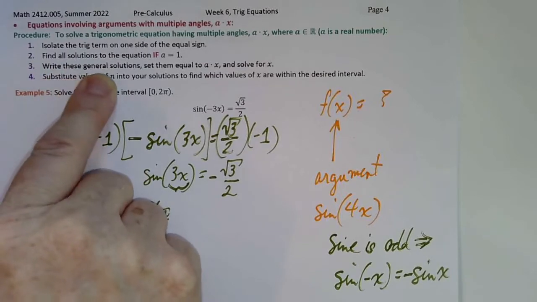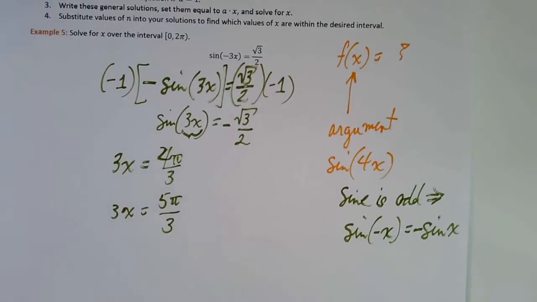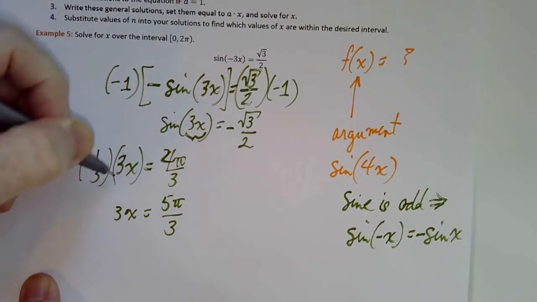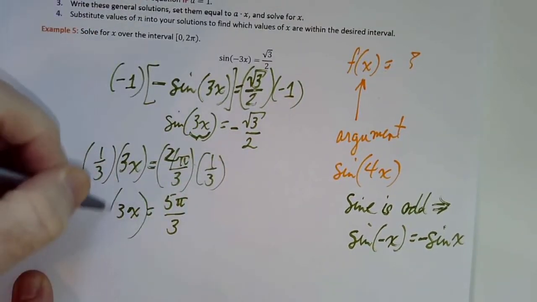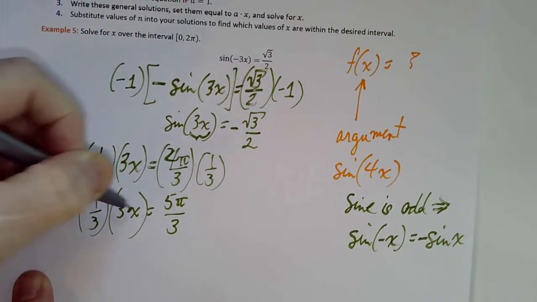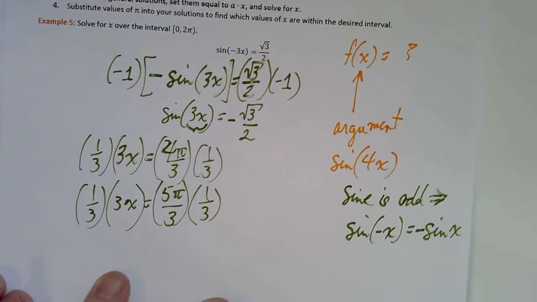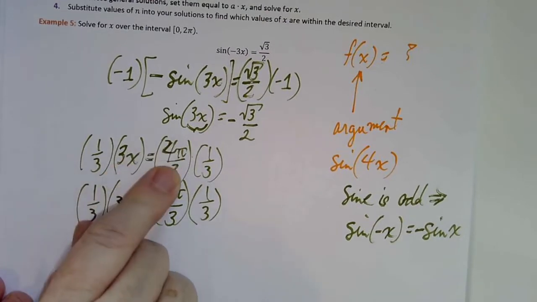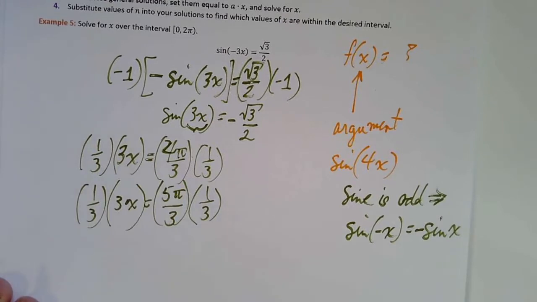Now we want to get x alone. So I'm going to multiply both sides of these equations by 1/3. If I divided by 3, I would have 4 pi over 3 divided by 3, and that takes several steps.